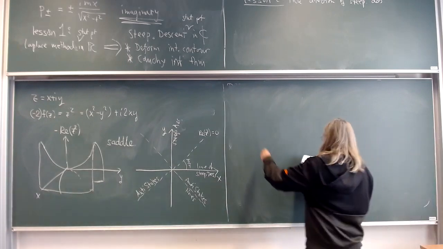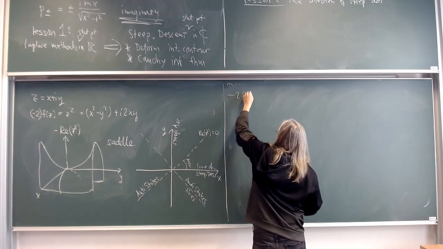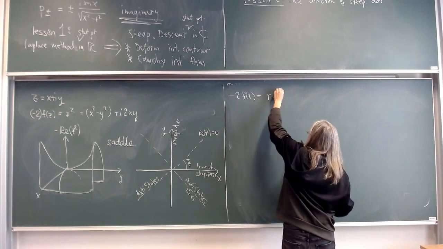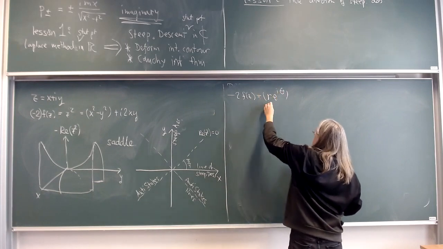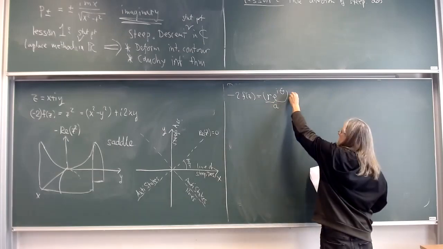So now we will look at the function minus 1/2 r e to the i theta, where this is a constant, say complex constant a, times z squared.